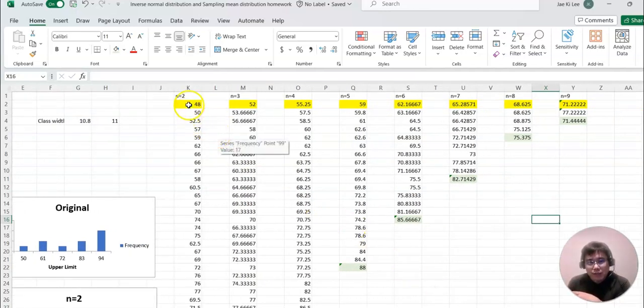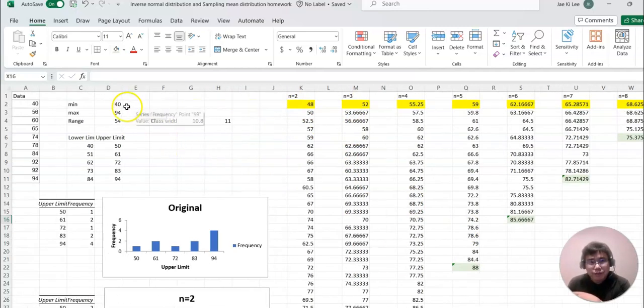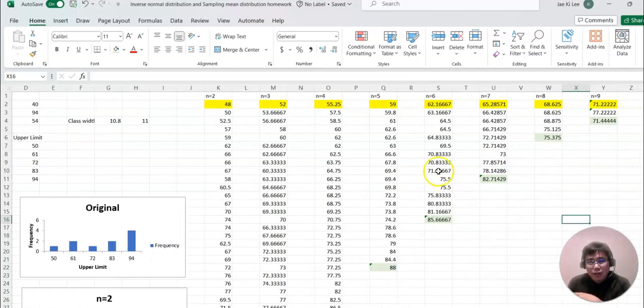The original was 40 here, but now with n equals 2, 48, n equals 3, 52, n equals 4, 55.25, n equals 5, 59, n equals 6, 60.1667, n equals 7, 65.23, n equals 8, 68.62, n equals 9, 71 point something. Okay, so the minimum values keep increasing toward the center value here, right?